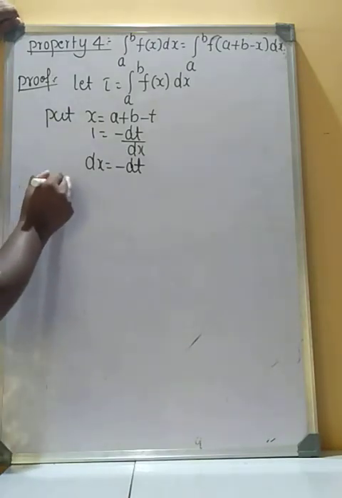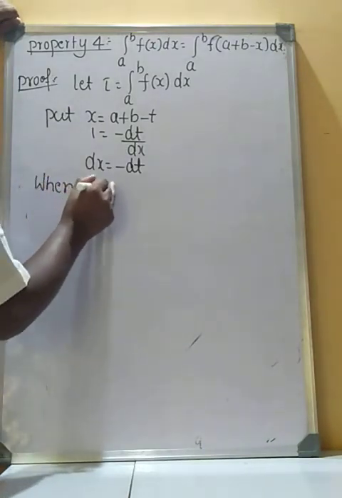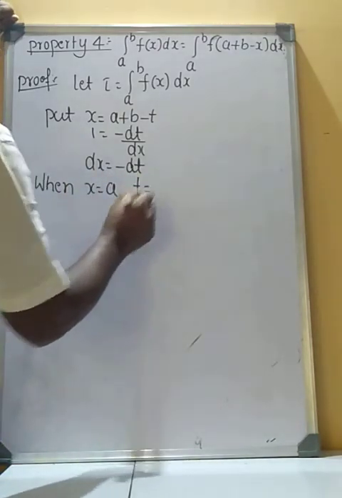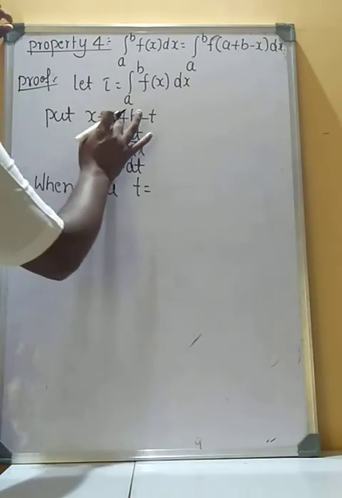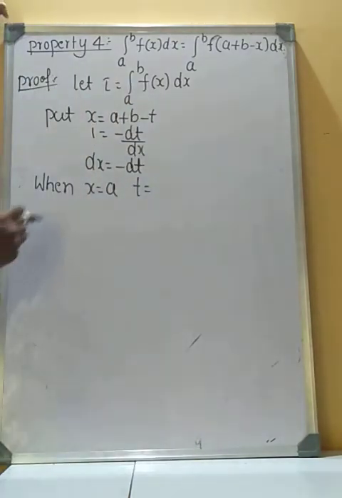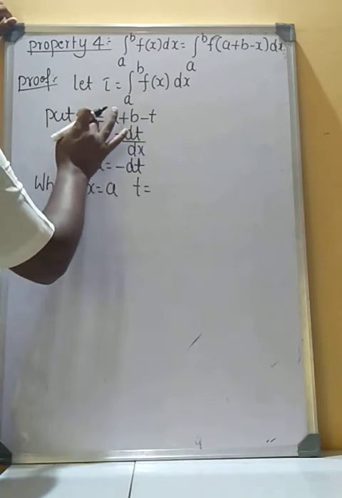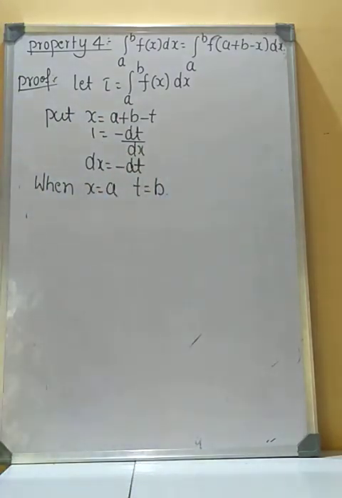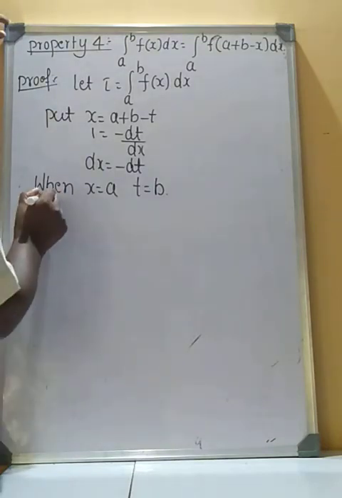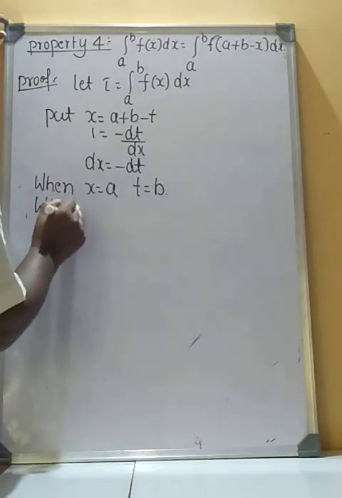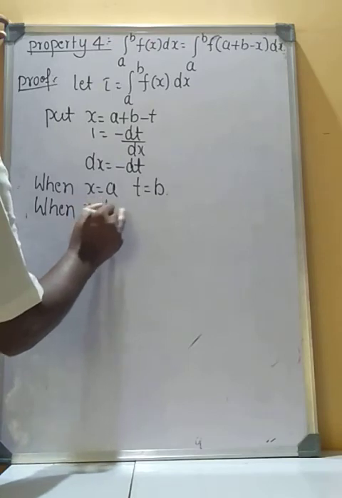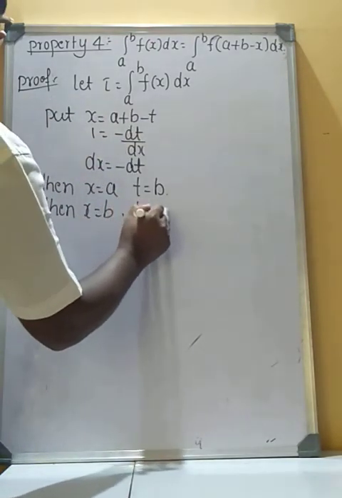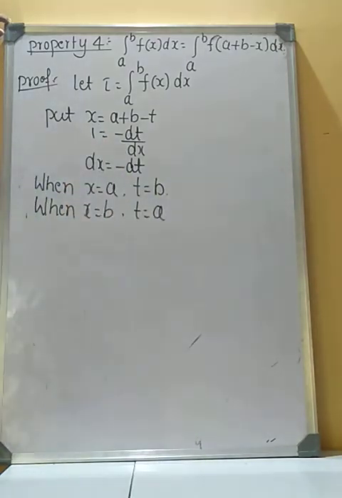When x is equal to a, t equals a plus b minus a, the a cancels, so t equals b. When x is equal to b, the b cancels, t equals a.